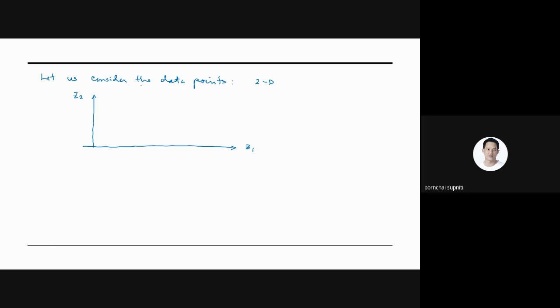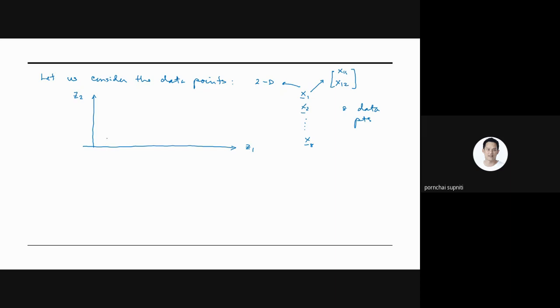So here, let us consider data point is 2D, and so we have data points x1, x2, all the way to x8, okay? Which means there are 8 data points, and each one is 2D, okay? So it means that I have x11 and x12, okay?